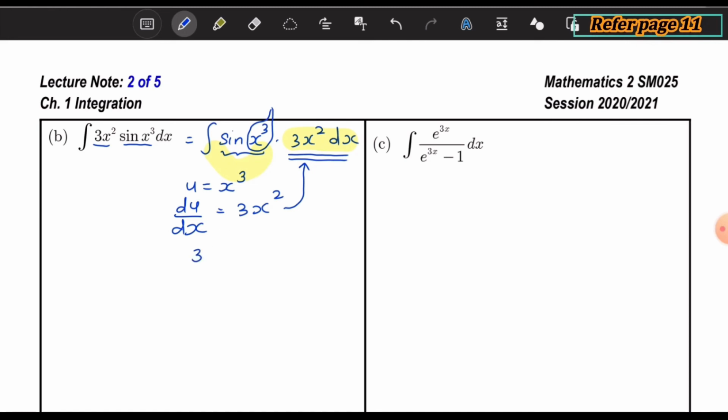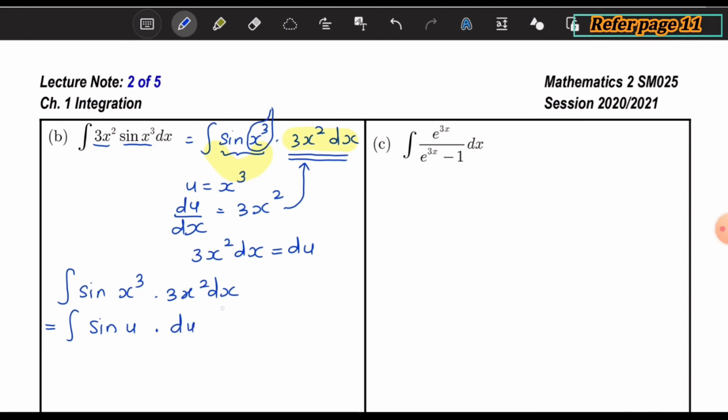So now we rearrange 3x squared dx equal to du. Meaning that integration of sin x cubed 3x squared dx can be written as integrate sin u du.